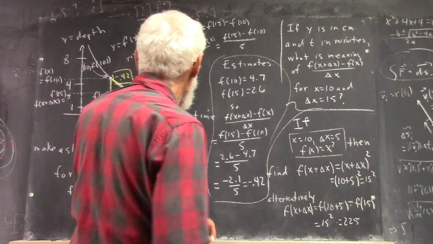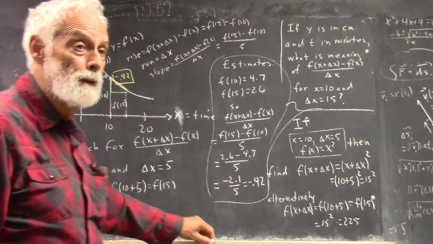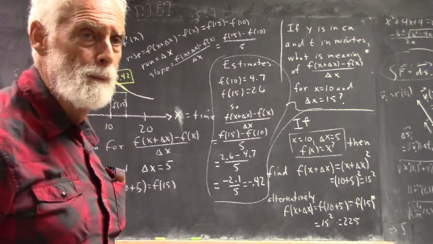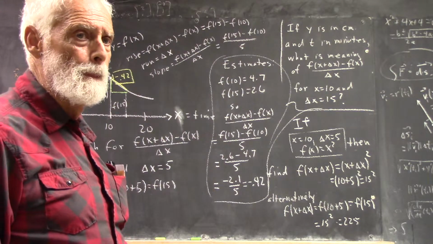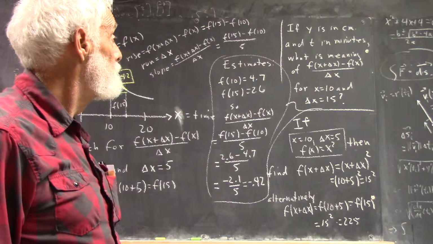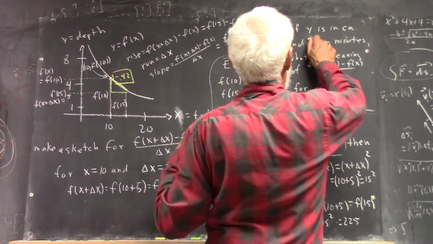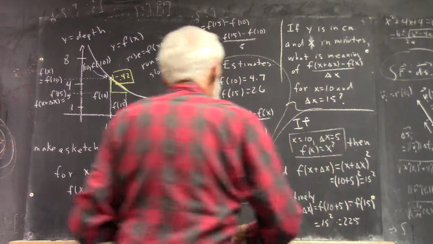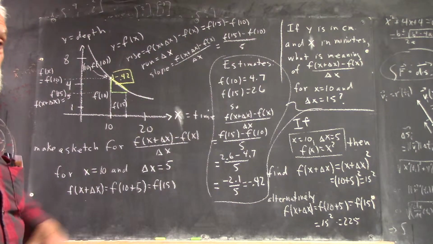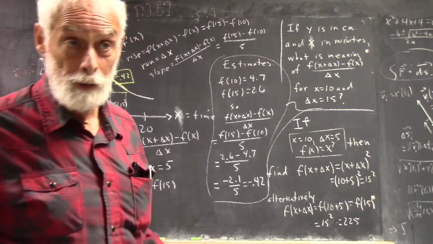I'm going to use x for time, although usually we would use t for time. I got T here, but I'll call it X because that's what I've been using. Y is in centimeters and X is in minutes. So if X is 10, it means 10 minutes, right?